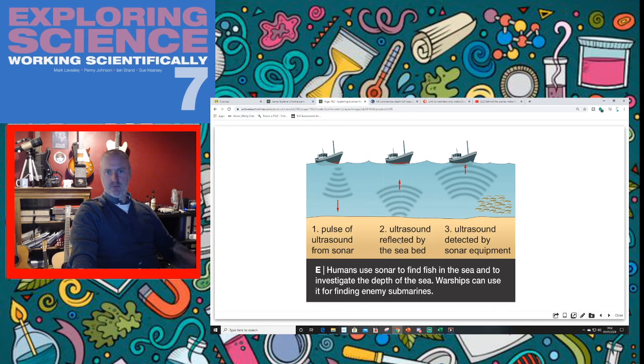The ocean floor would be the bones of the baby, and the boat would be the thing that they put over the woman's belly to emit the ultrasound. So hopefully, you might want to listen to that bit once or twice just to pick up why we've got to halve the distance in that equation. Think about the equation, but hopefully you've got an idea now of a couple of uses of ultrasound, why they can be used, and you can apply this equation.